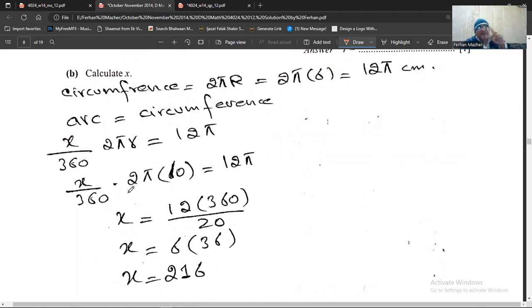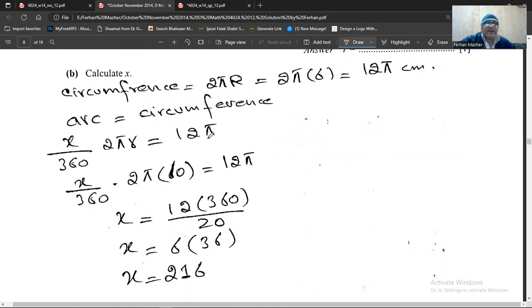The arc of the sector and the circumference of the base of the cone are equal to each other. So the arc, x by 360 into 2π, with the radius of that sector being 10, equals 12π.